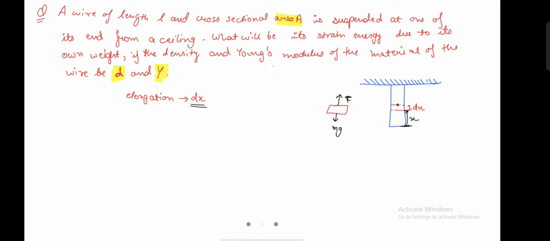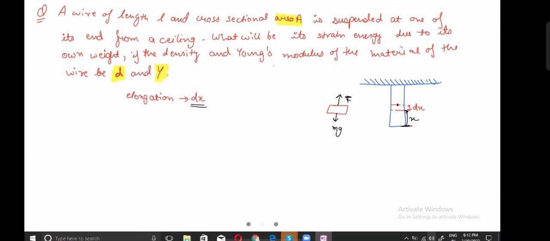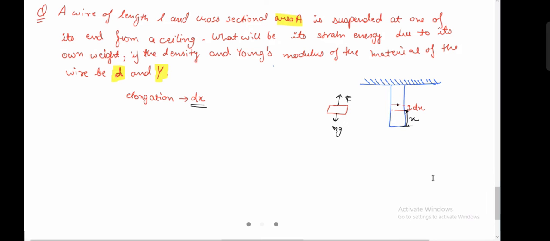Now this mg, we can change the value for mg. How can we do this? How can we change these values for mg? Mass is not given anywhere, but we know one thing, that density is equal to, in this case I cannot represent density with rho, instead I can represent it with d.